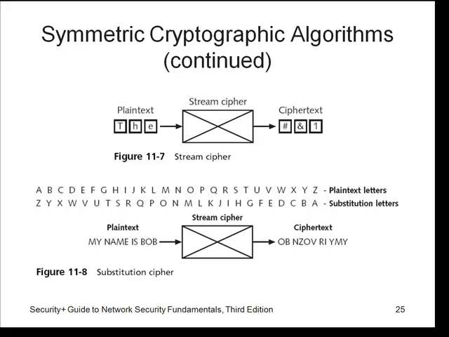The first time the character is used, actually I did that wrong, didn't I? My M, yeah, this is this one. My M translates to O, OB, Y translates to B. My name is Bob with this substitution cipher.